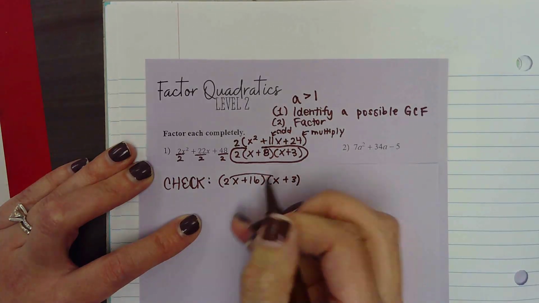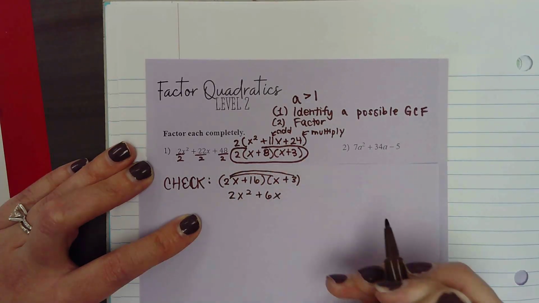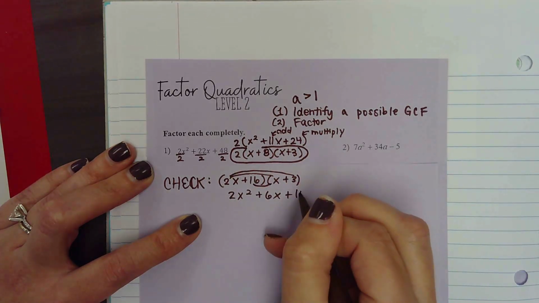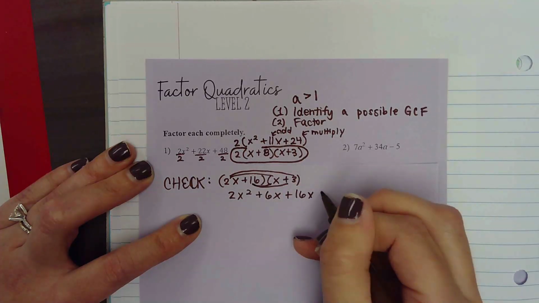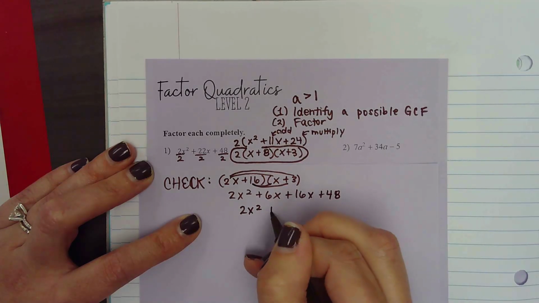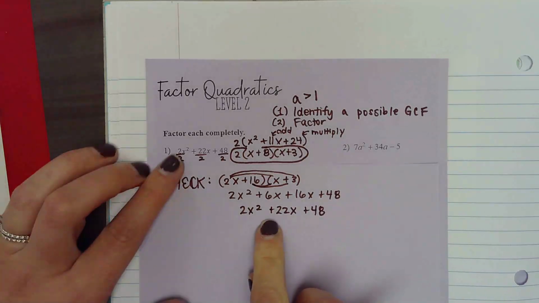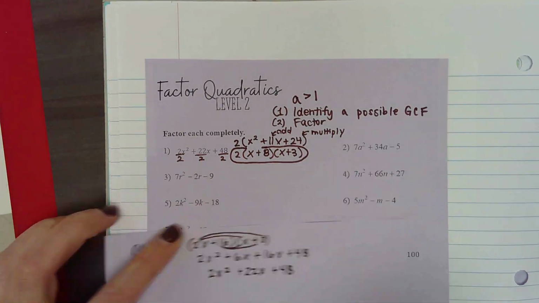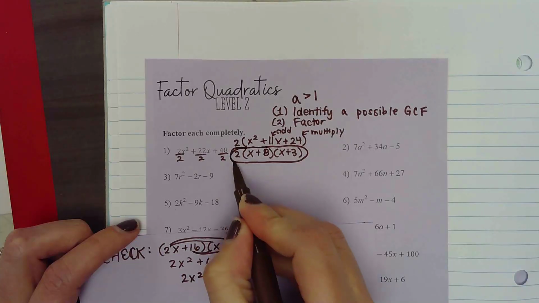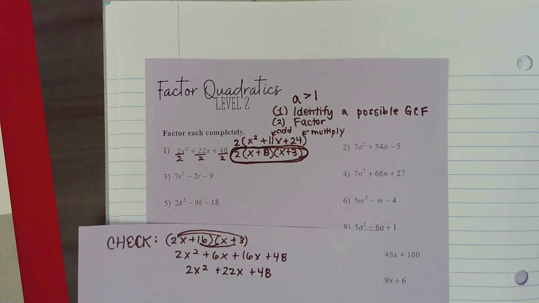So I get 2x squared plus 6x plus 16x plus 48. Combine like terms: 2x squared plus 22x plus 48, which was the original standard form. So this is my factored form, or my intercept form, of this standard form quadratic.